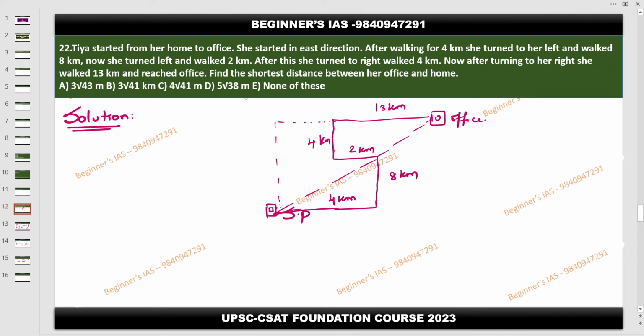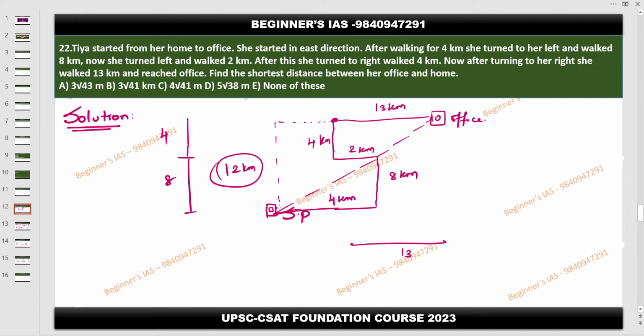Are people understanding how 8 plus 4? Yes, sir. That is 12 kilometers. 8, then this is going to be the 4. So therefore total 12 kilometers. Then this is going to be the 13, and 13 plus 2.